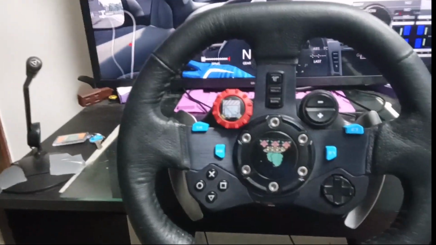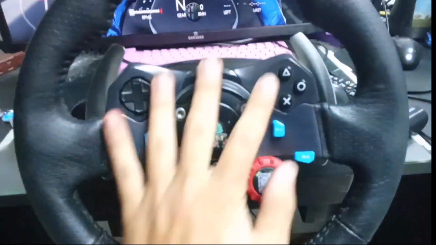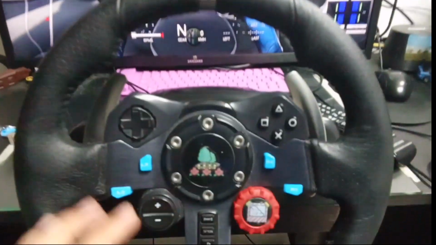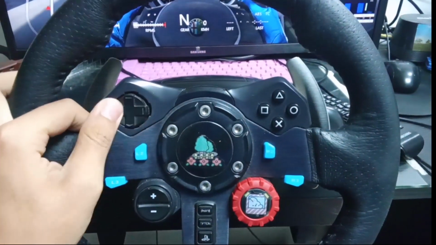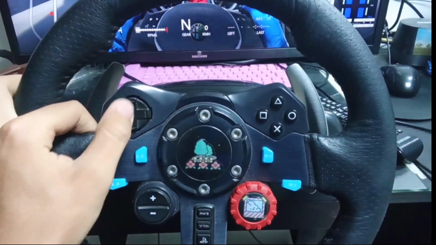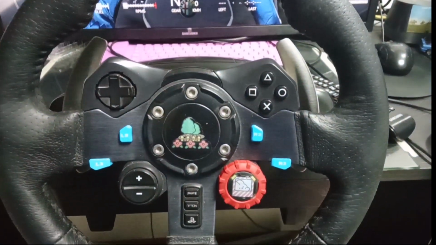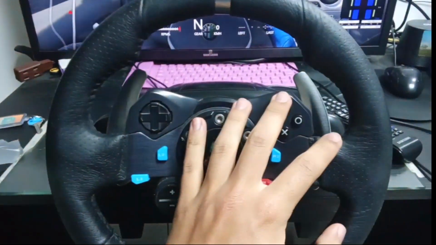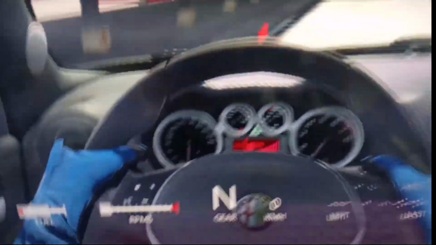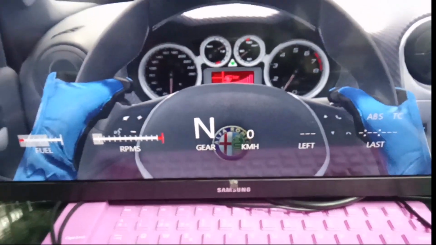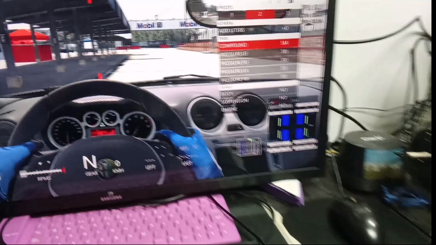I mean, it's something like this. And you don't have to worry about all these controls. This is just for the simulator. It is like the controller of the Xbox or the PS4. But yeah, it is just to control the system. If you want to learn the real controls of a real car, you have to visit a real car.